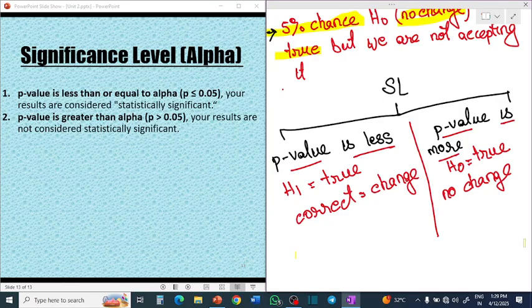If our chance of randomness is less than the significance level, then our alternative hypothesis is true, which means that there is a significant change. And if our chance of randomness, our p-value, is more than the significance level, then our null hypothesis is true and there is no significant change that we can count.